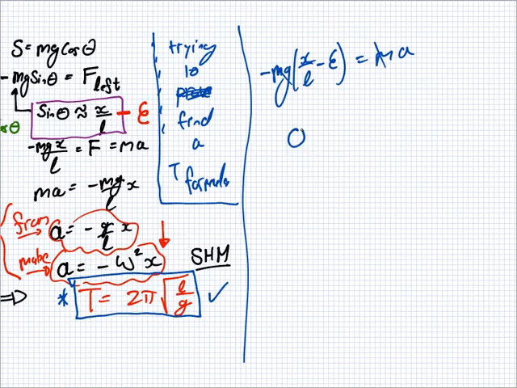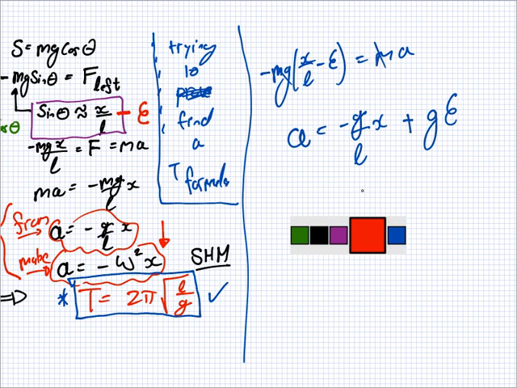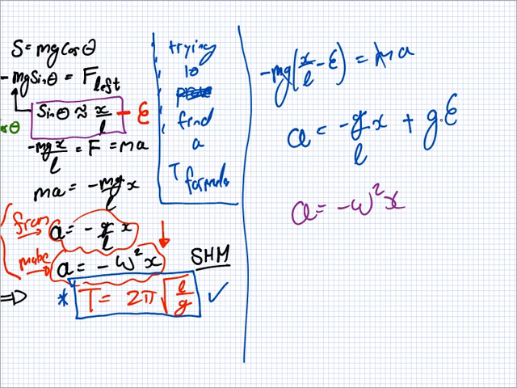So the a you get is minus g over L x plus some small number. Now you see the problem is we don't want this here because we're trying to get this formula. So this is why we don't consider the curve, because we don't want this here. Now this is very, very small, but this isn't too small. This is like 9.81, so it's not like it's completely zero here. It's still a sizable number.